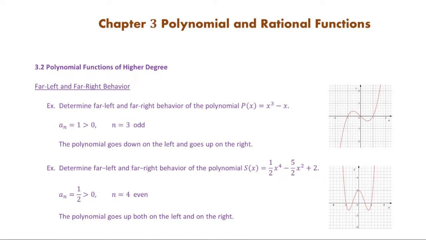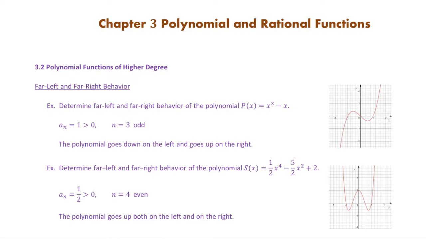So according to the rule, when the coefficient is positive and n is odd, it will go down on the left and go up on the right. Okay, and indeed that's the case. If you draw the curve, you get something like this, as shown on the right.